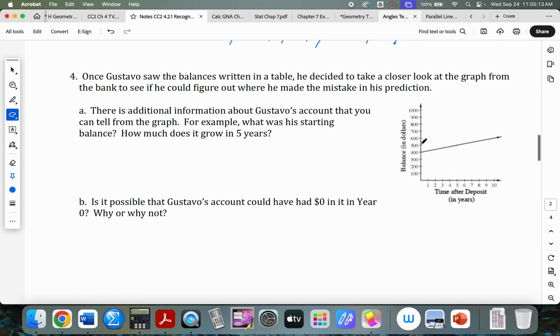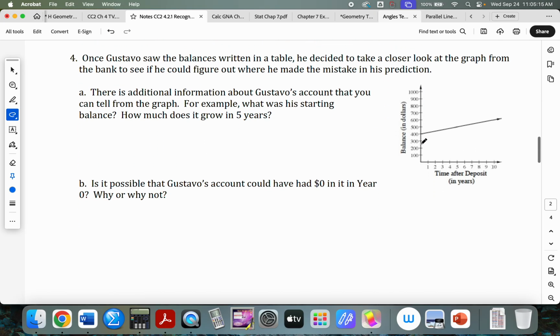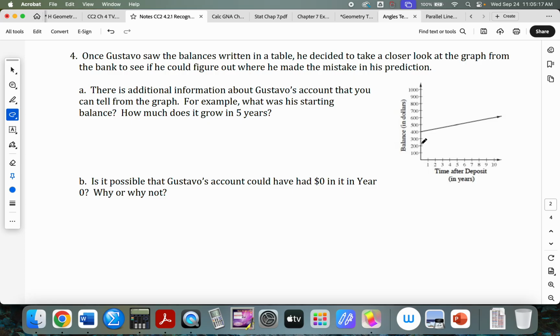So what he looked at then was a graph. And on this graph, he has the time after deposit in years and the bank balance in dollars. So there's more information that you can get from this than you can get from the table that we showed. For example, what is its starting balance? Where did he start?